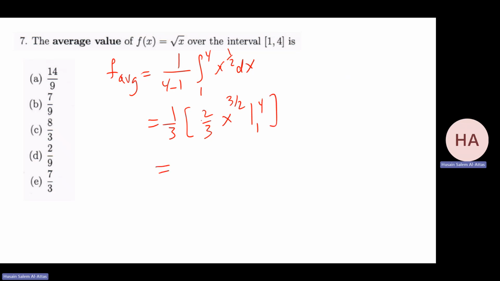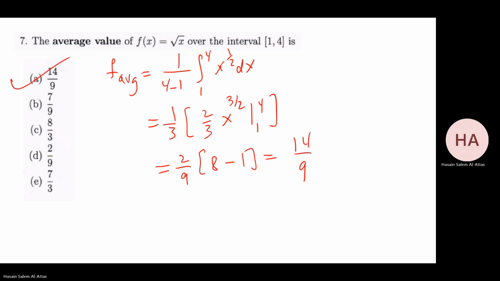It's a matter of calculation now. That will be 2 over 9, okay? 4 to the 3 over 2 is 2 cubed, that will give me 8, minus 1. I took 2 over 3 with 1 over 3, times 7. That gives me 14 over 9.